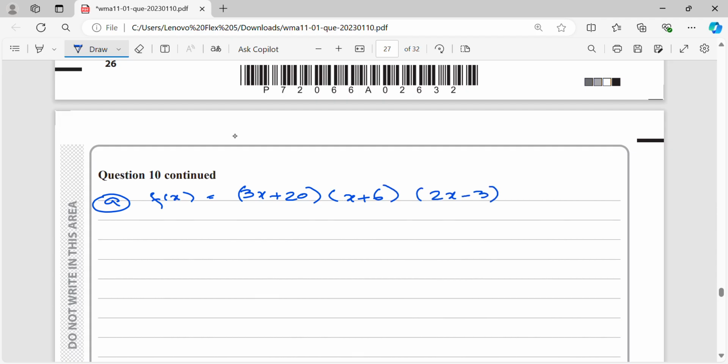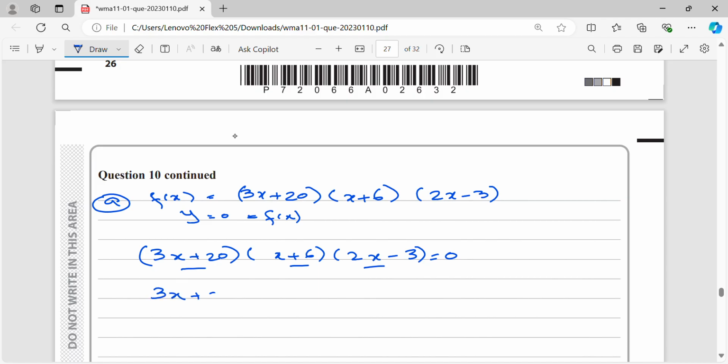As we are finding x-intercepts, it means that y equals 0 there, or f of x equals 0, same thing. So (3x plus 20)(x plus 6)(2x minus 3) equals 0. So either this equals 0, or this equals 0, or this equals 0. Right, so let's get the critical values here.